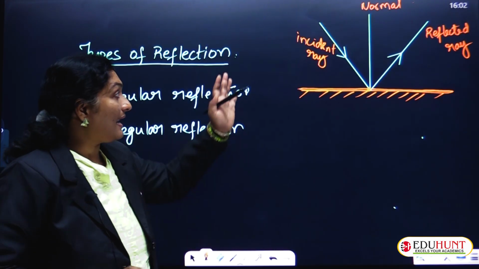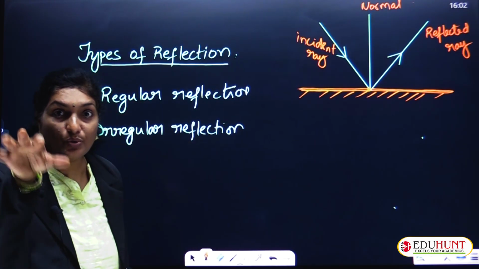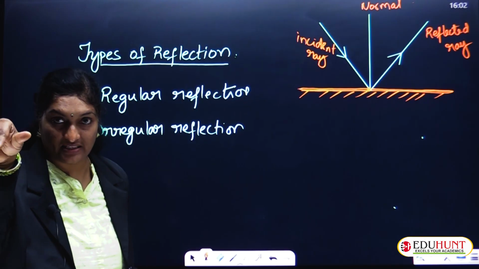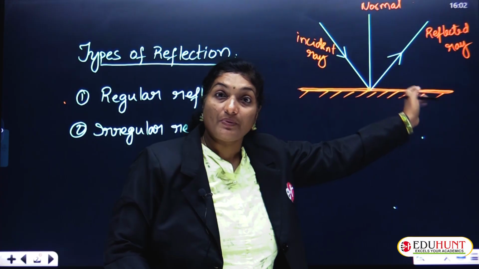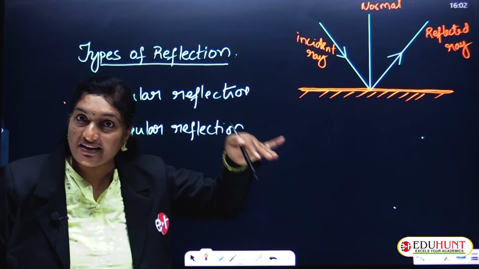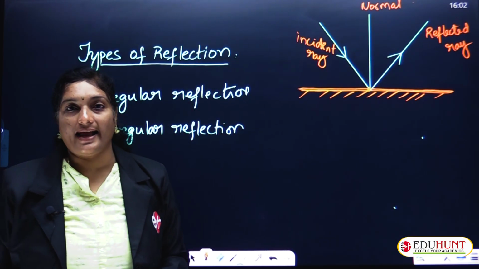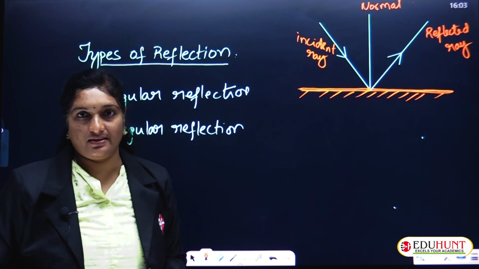The light falling on those smooth, highly polished surfaces is also reflected, and that reflected light is called regular reflection.